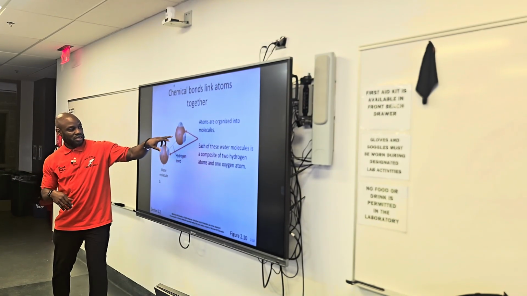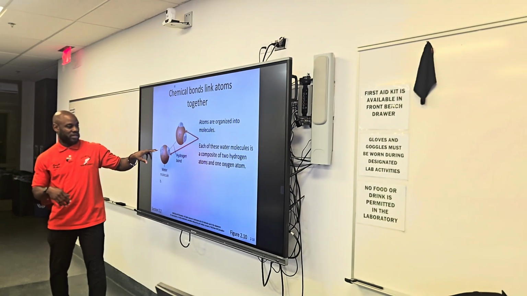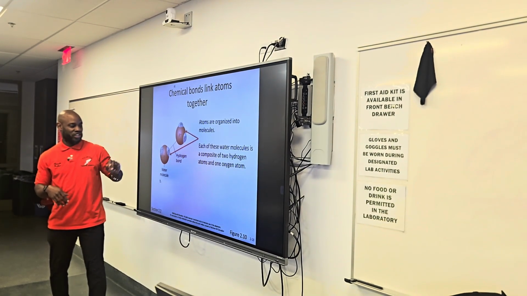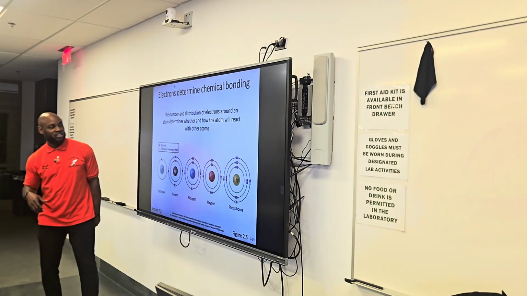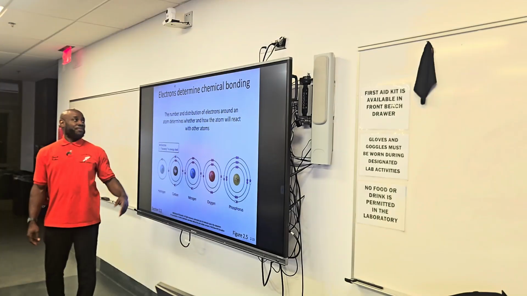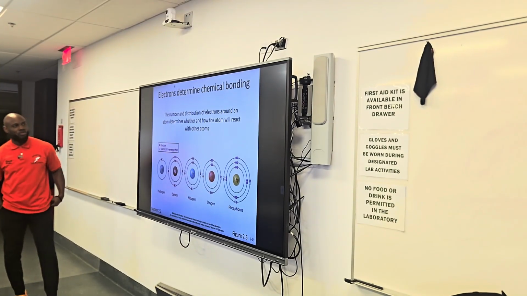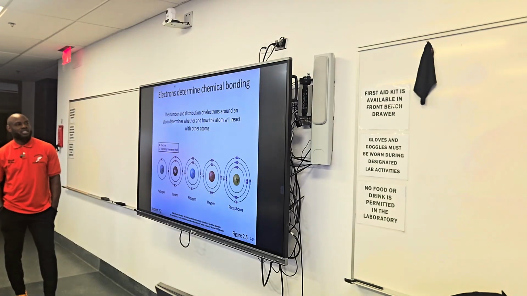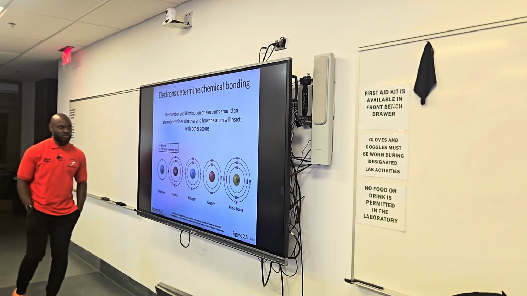Water has what is called a hydrogen bond. Each water molecule is a composite of 2 hydrogen atoms and 1 oxygen atom, and the negative charge of the oxygen atom and the positive charge of the hydrogen atom have a connection. Opposites attract, and that forms what is called a hydrogen bond.